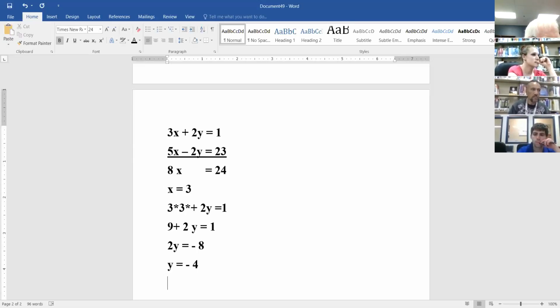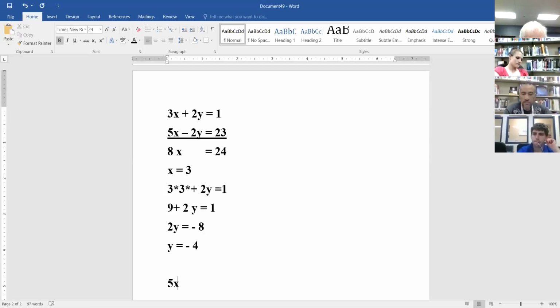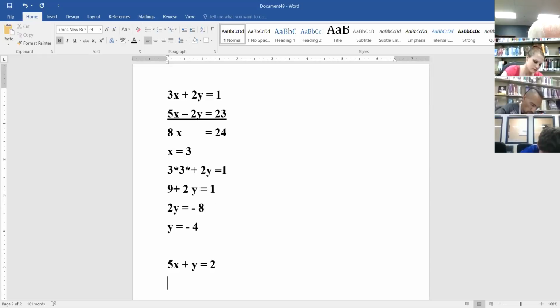Okay, 5x plus y equals 2. And the second equation is 10x plus 2y equals 4. Should we do addition or?